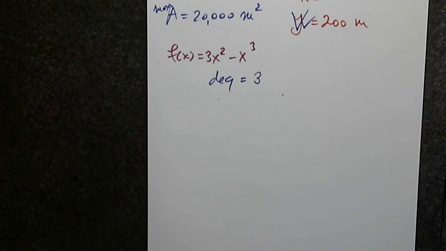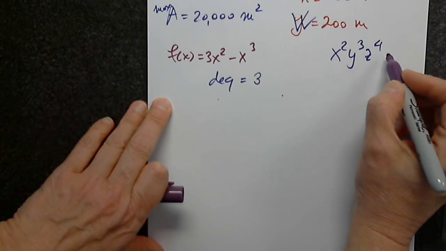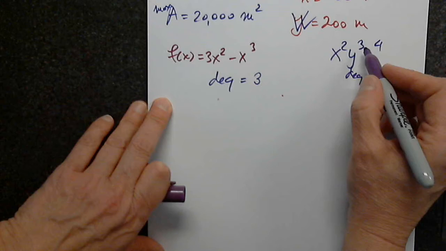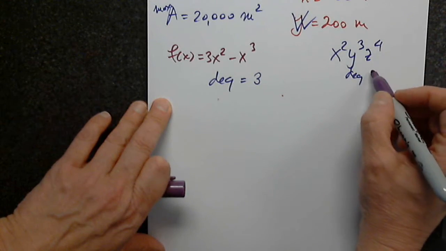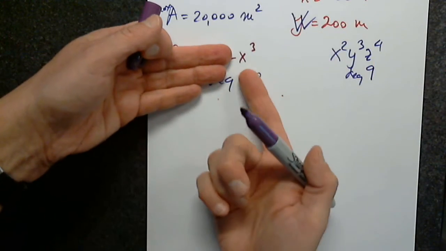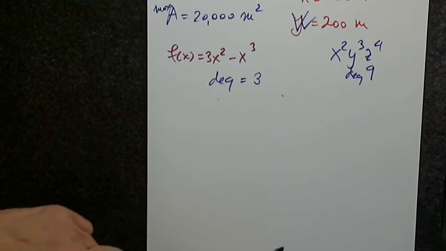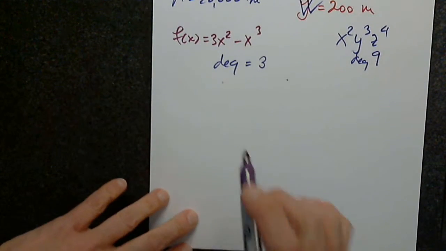A polynomial has degree as the highest monomial in there. We don't add exponents. We add exponents in a product. X squared, y cubed, z to the fourth is degree 4 plus 3 plus 2, which is 9. But in a polynomial, this is degree 2, this is degree 3. The highest degree transfers to everything. So this is degree 3.